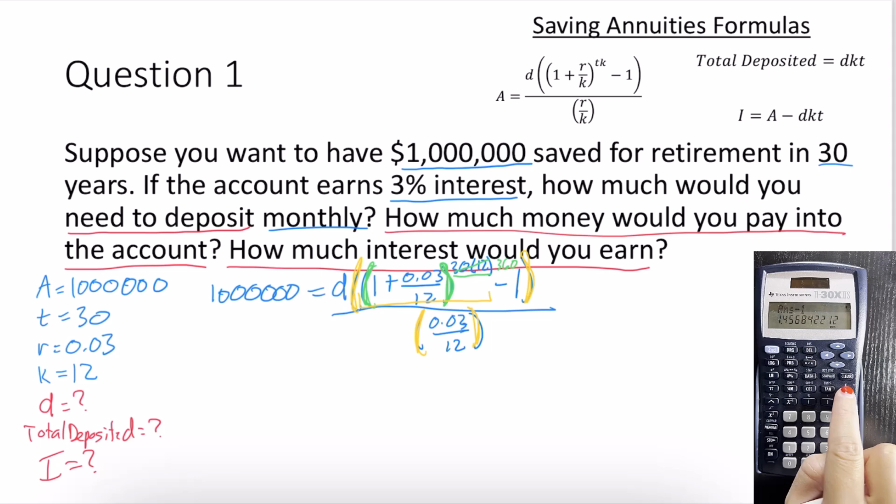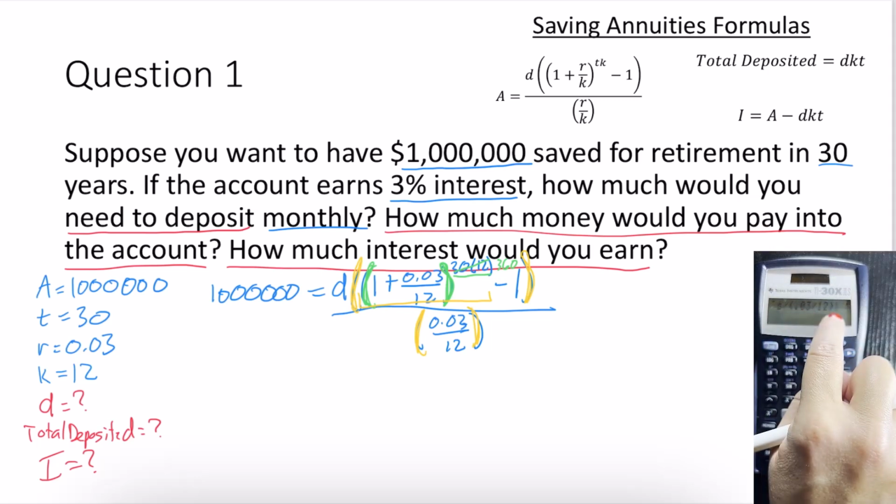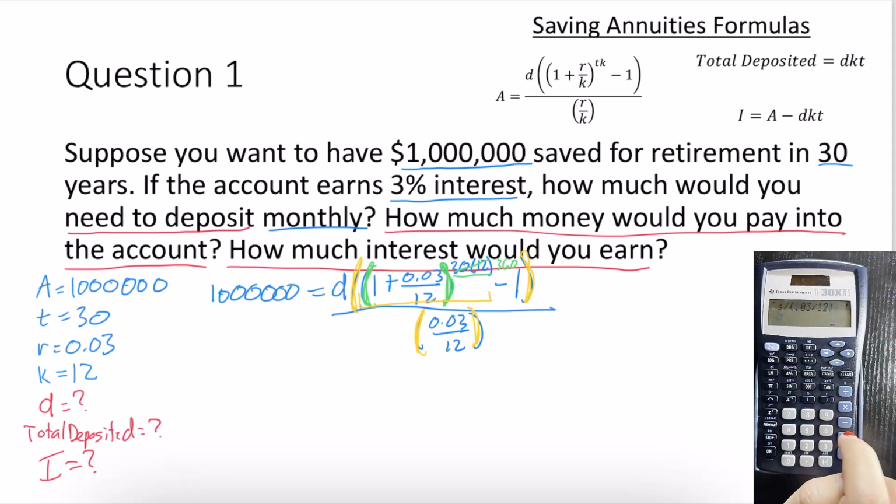So to do that, I'm going to take this result, which is the top part of the fraction, and divide by 0.03 divided by 12. But notice that I put that calculation in parentheses so that it calculates that first and then takes the upper answer and divides by it. So when I do that, I end up with 582.736, etc. And you want to keep that whole decimal if you're writing it out by hand.